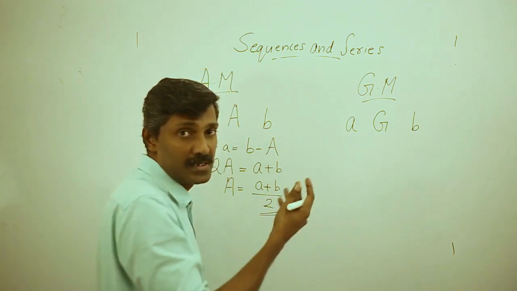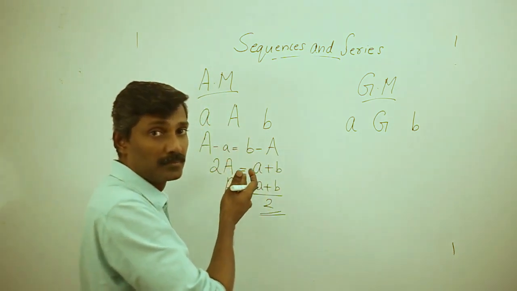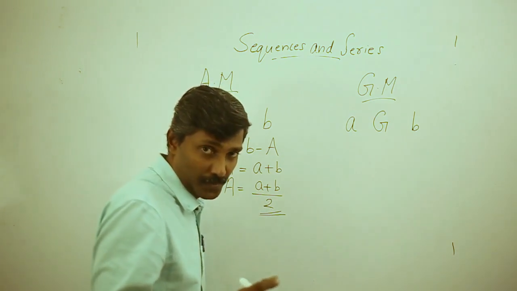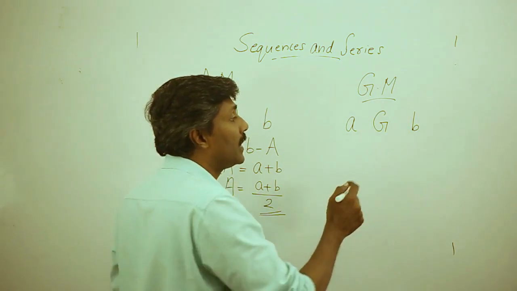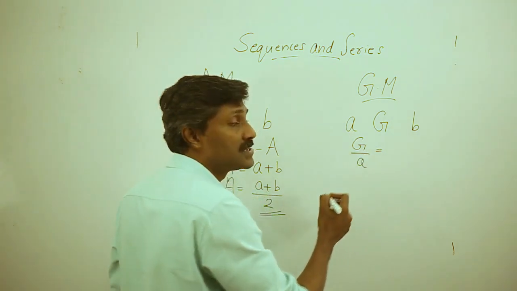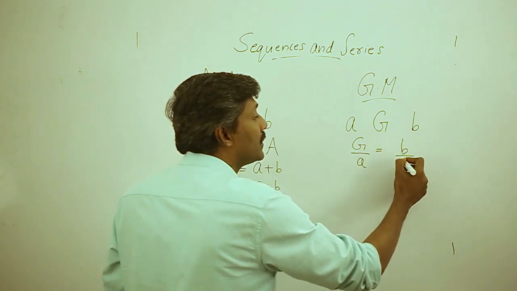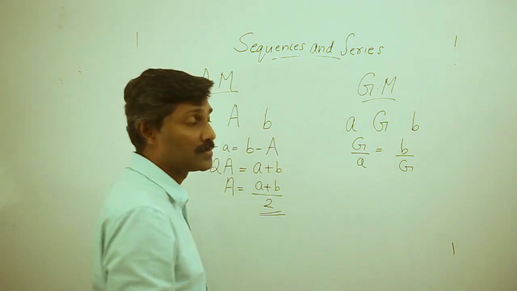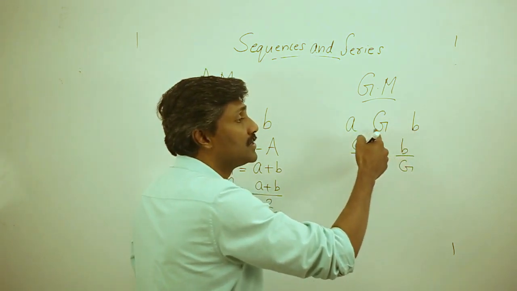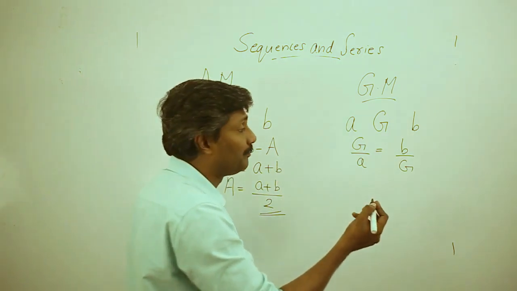So how do you find G? Just like we found out A. If these three numbers are in geometric progression, then we know that G divided by a is equal to b divided by G, correct? Because they are in GP. So G divided by a and b divided by G has to be equal, the common ratio.